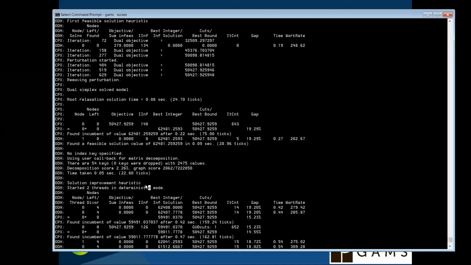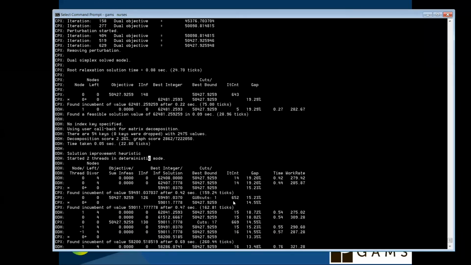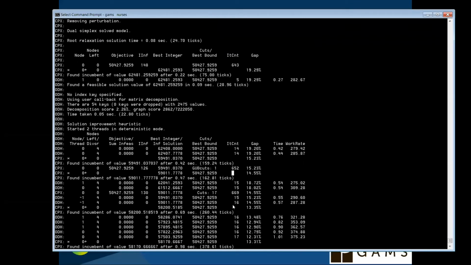So we now start the improvement heuristics, and ODH tells you that it's using 2 threads, and it also tells you that it's running in deterministic mode. So the log lines produced at this point by ODH and CPLEX are very similar.